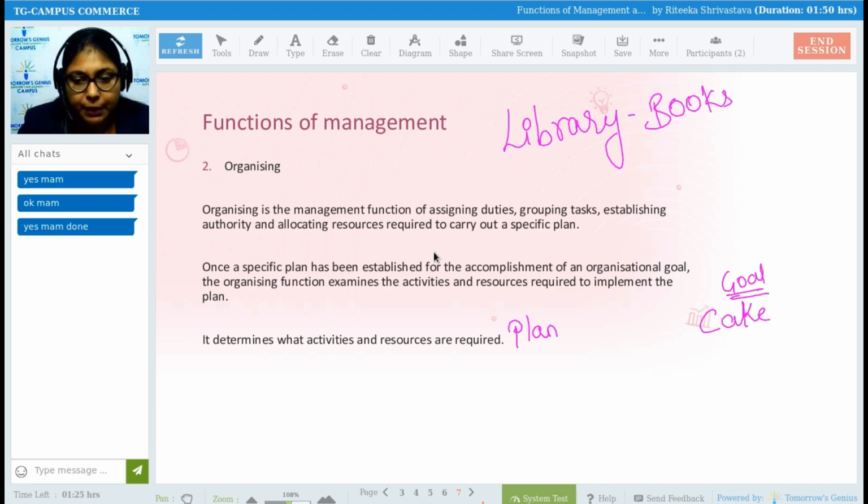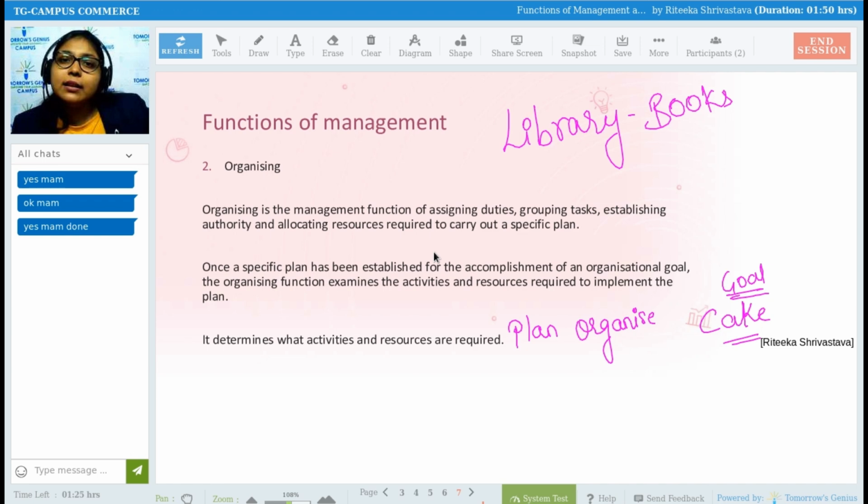Second thing, what will you do? Obviously, you will organize all the stuff which is required for baking a cake. You will get milk, chocolate powder, wheat flour, or any flour of which you are going to make a cake.